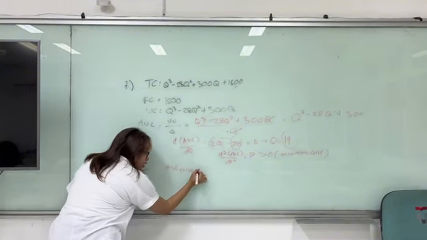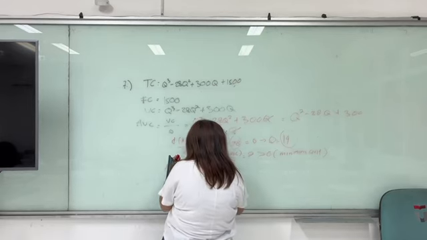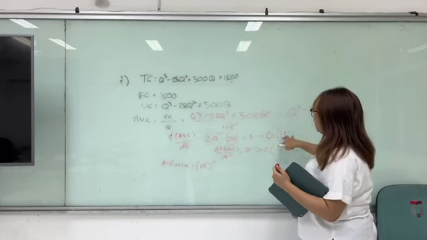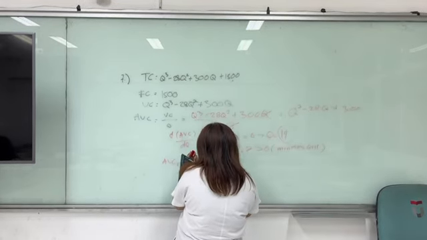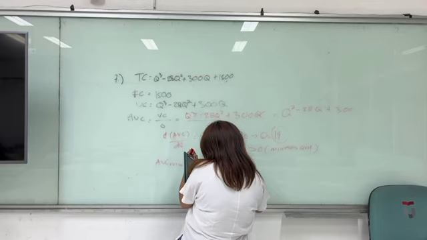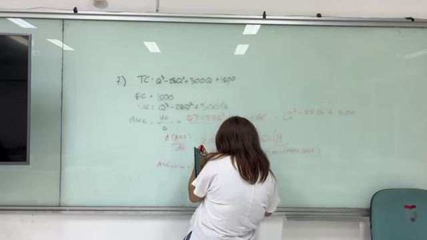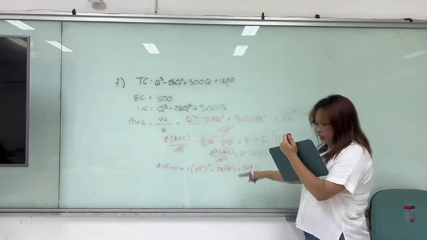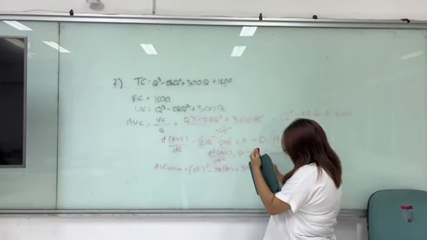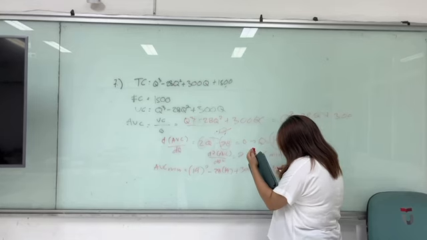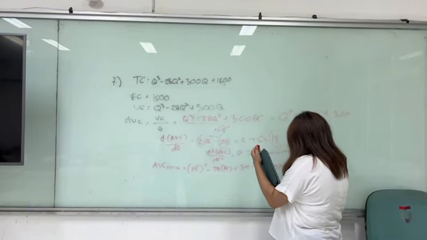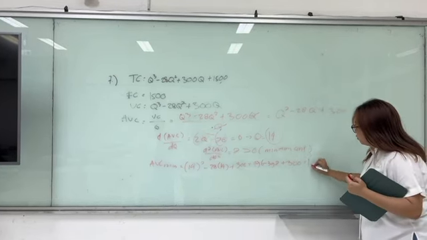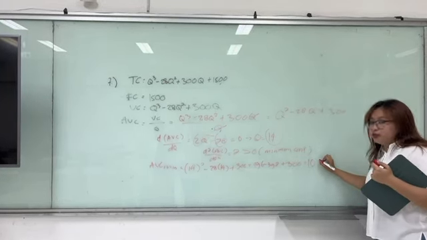AVC minimum equals 14 squared. So we have to put this 14 to the Q and minus 28 times 14 plus. So we have to calculate that, so the total will be 104.